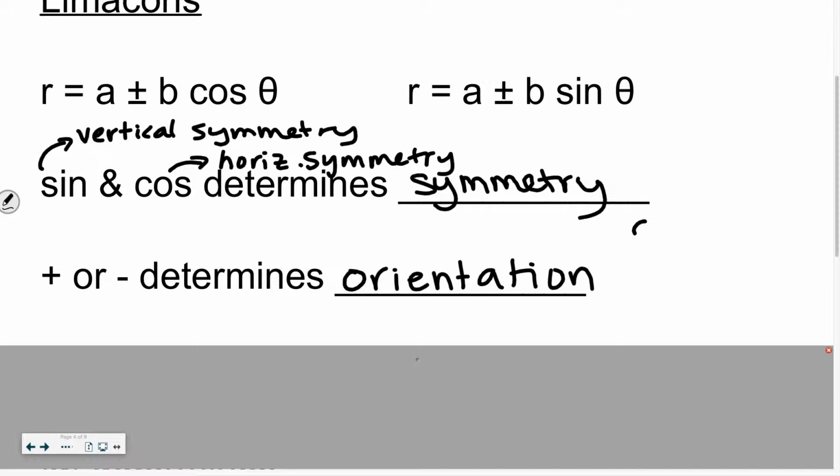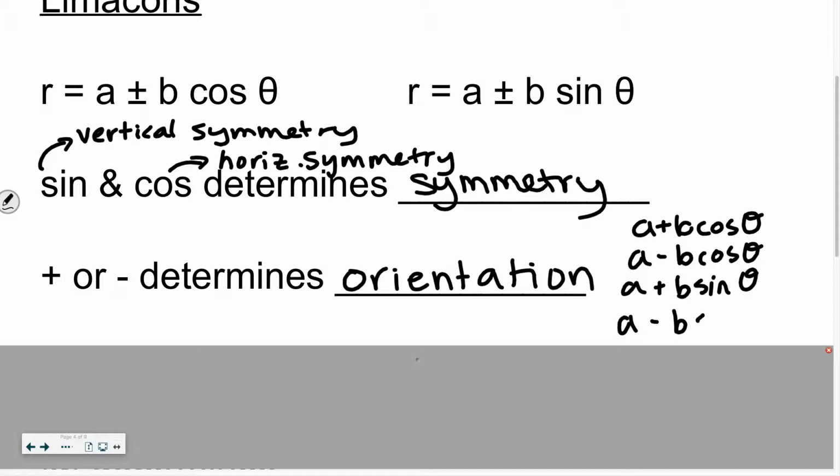If you want a little bit more about orientation, you could write down the 4 possible equations: a plus b cosine theta, a minus b cosine theta, a plus b sine theta, and a minus b sine theta, and jot down their orientations next to them.